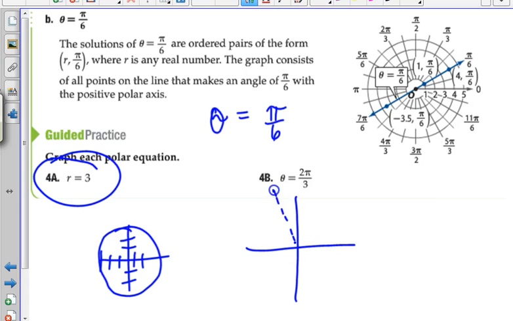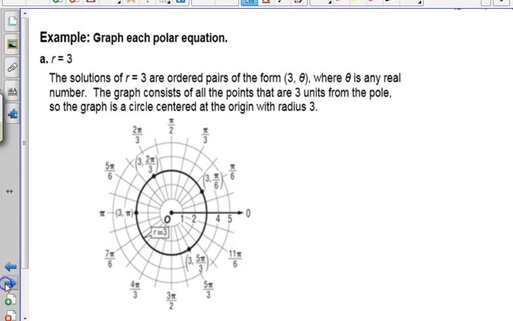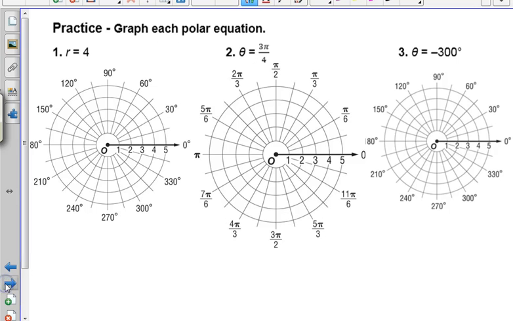And it's a theta equals, so it doesn't matter what the radius is. It's going to be all the points no matter whether you went out 1, 2, 3, 4, 5, negative 1.8, negative 0.17, anything on that line. R equals 3, negative 60.